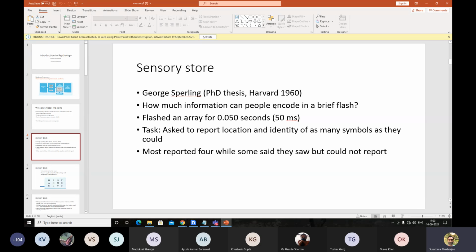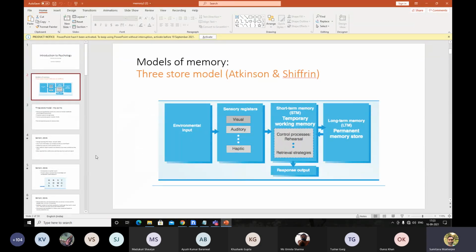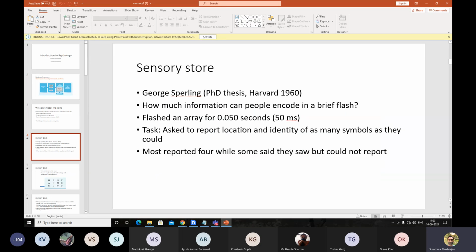He says, well, flash essentially here is 50 milliseconds. So if you show something for 50 milliseconds, how much of that gets stored in my visual sensory register is what he was asking.